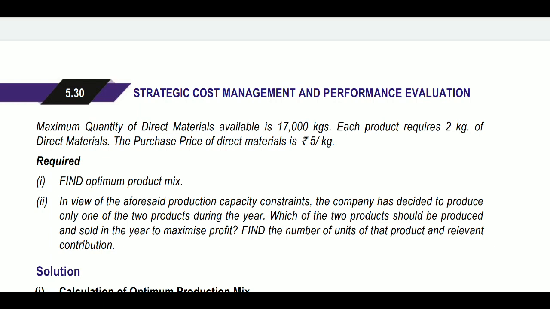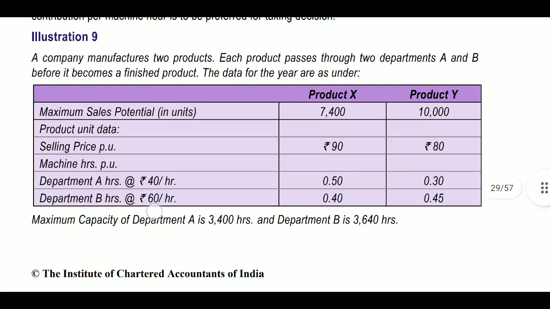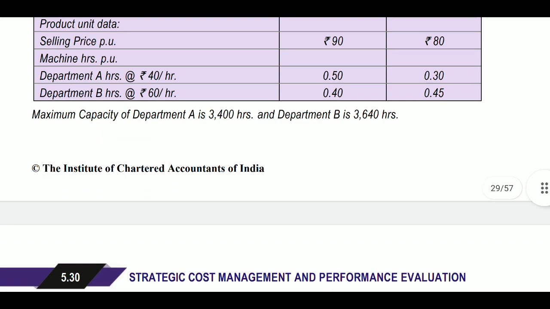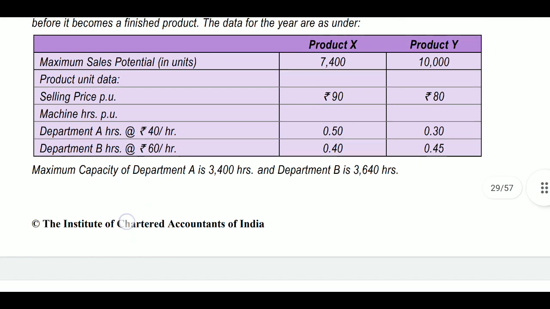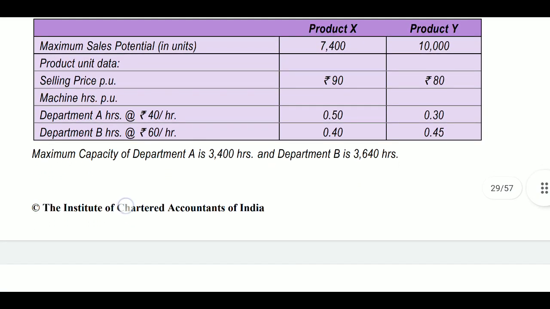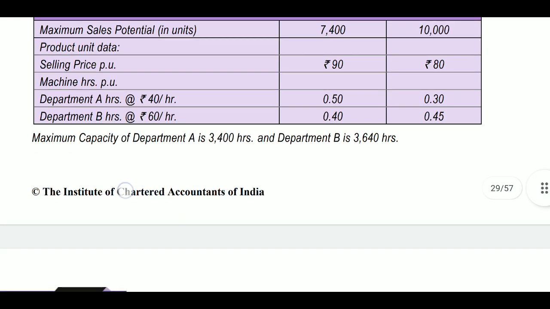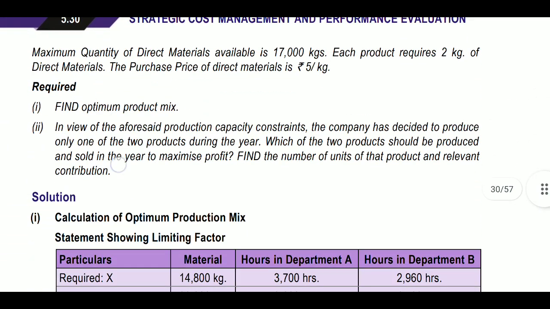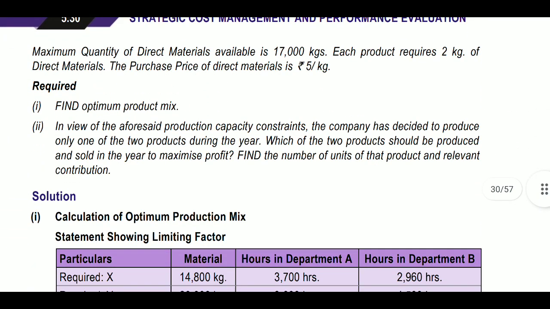These are the available resources. Maximum sales potential is 7,400 and 10,000. Find the optimum product mix. Purchase price of direct material will be 5 rupees.